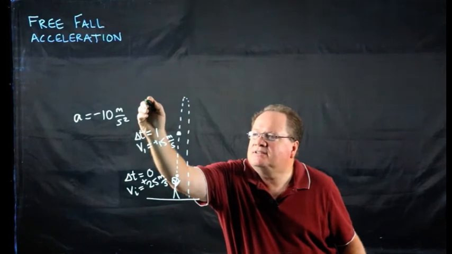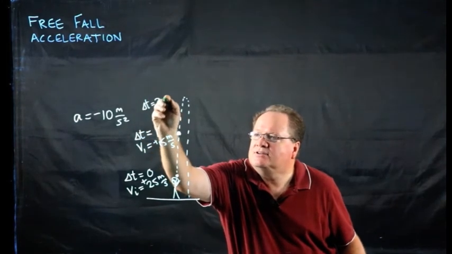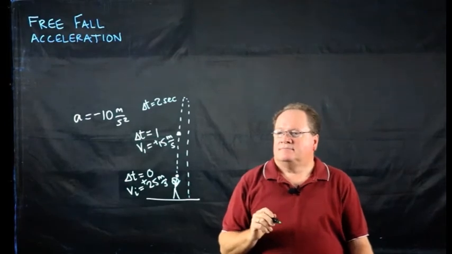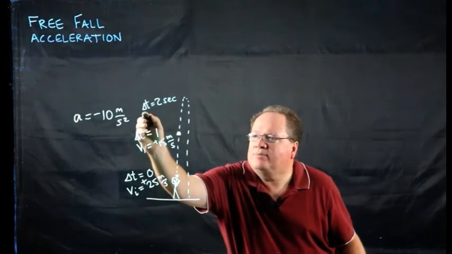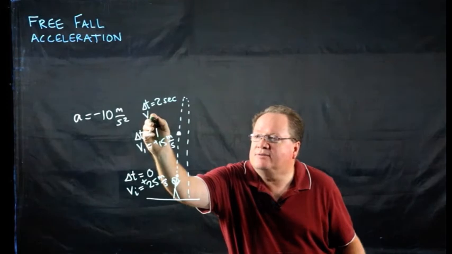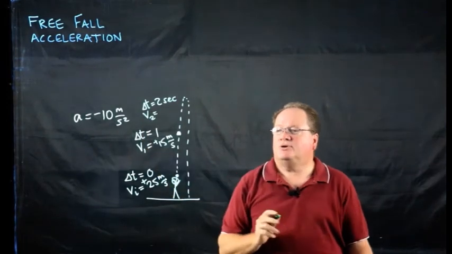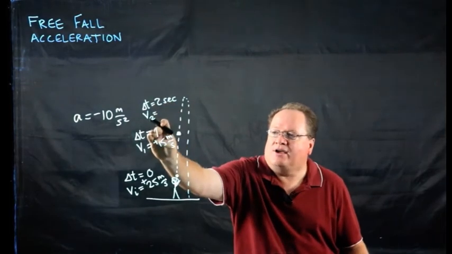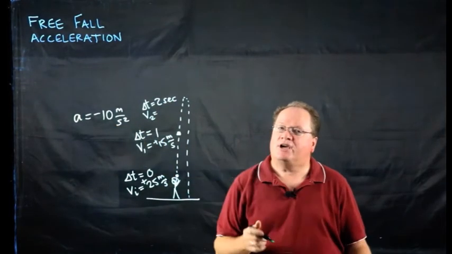So we say our delta t is 2 seconds. What would our velocity be at time 2? Well, remember, each second, here's 1 more second's time, you're going to have the exact same change.